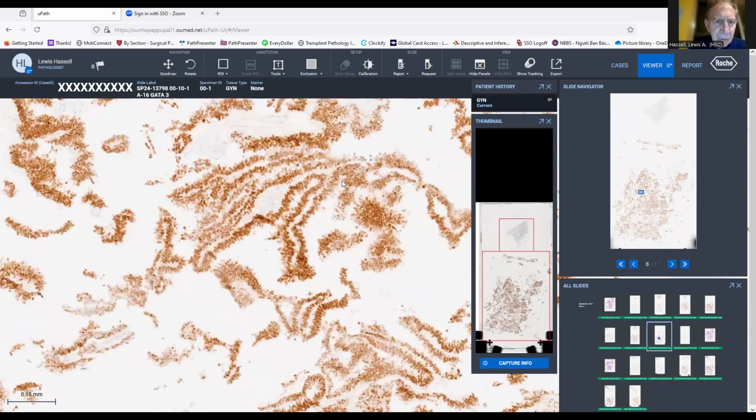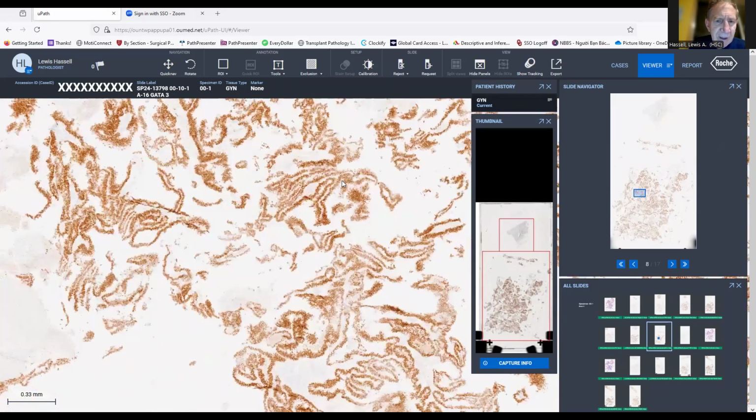So this is pretty strong evidence, coupled with the negative hormone markers, the intact mismatch repair proteins, and the wild type P53 stain that's a little abnormal, all fit together with mesonephric type adenocarcinoma.